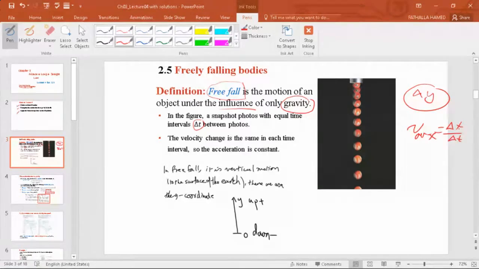Here we can change delta x to delta y, and whenever this becomes bigger in the same time interval, you know the velocity is different, and that's why we say the object will be speeding up. So that's one thing to keep in mind: the velocity is going to change over time, and this is what we want to address today.